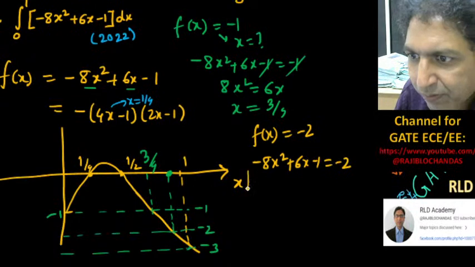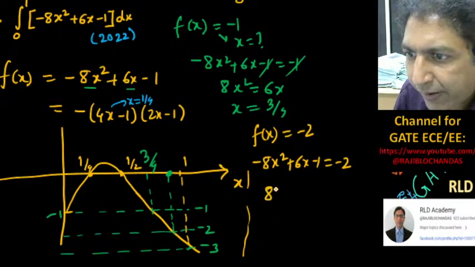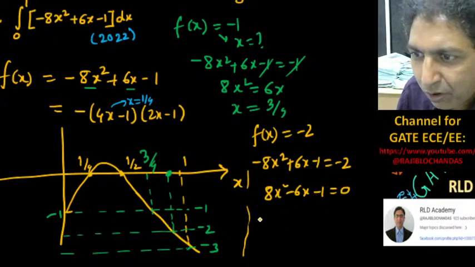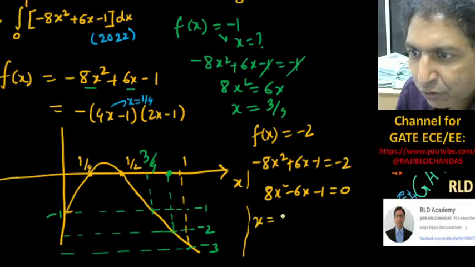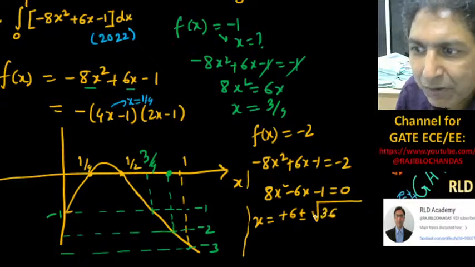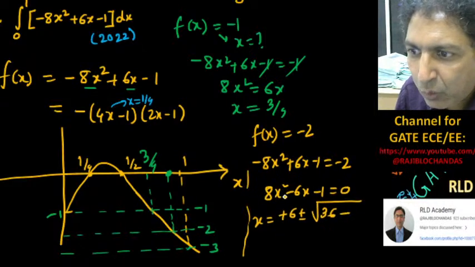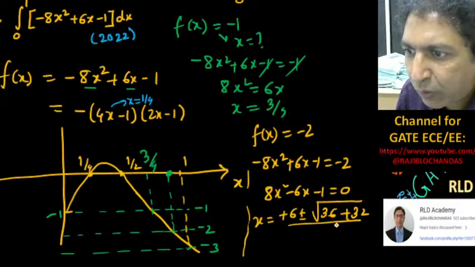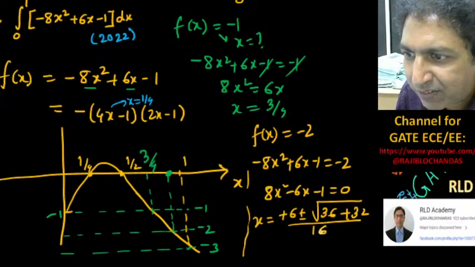Or you can consider 8x square minus 6x minus 1 equals 0. What is the x? x equals 6 plus minus square root of b square 36 minus 4ac, 4 into 8 into 1 is 32, so plus 32, by 2a, 2 into 8 is 16.